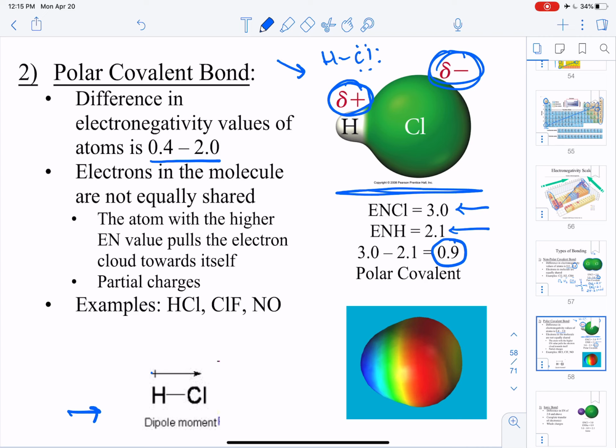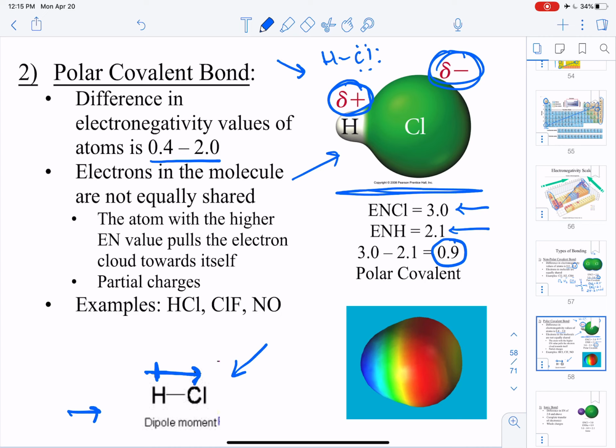So we say that the electrons are being shifted this way towards the chlorine, and that means that on this end it's positive. Now, what we do is we either draw the dipole moment or we draw the delta symbols in. We don't do both. It's one or the other. And you'll see both of them drawn equally.